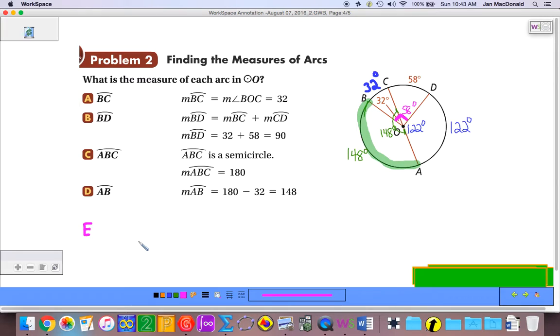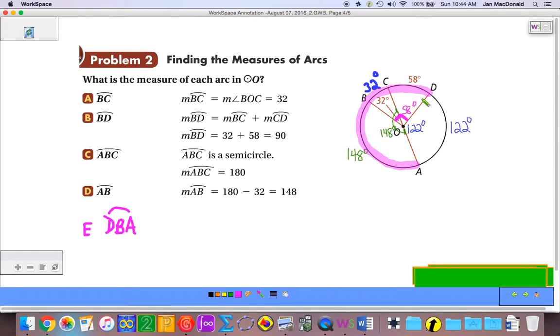What is the measure of major arc DBA? So from D, past B, all the way to A. There's a couple different ways we could do it.